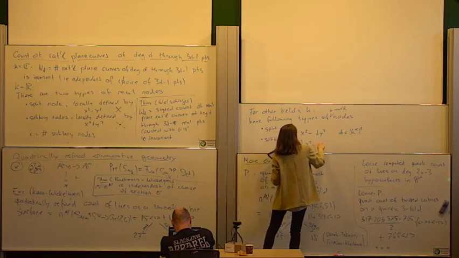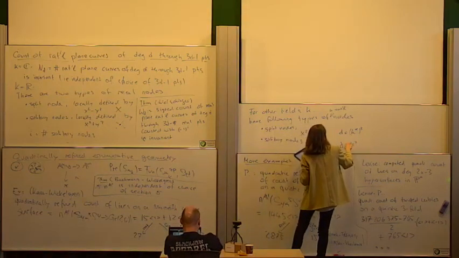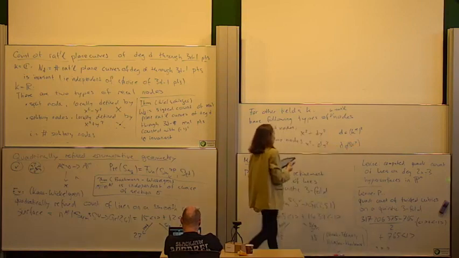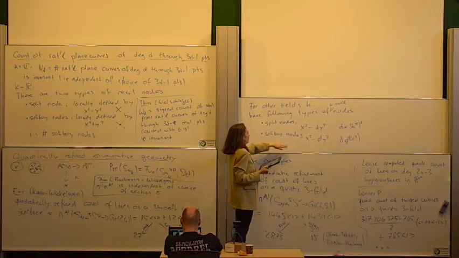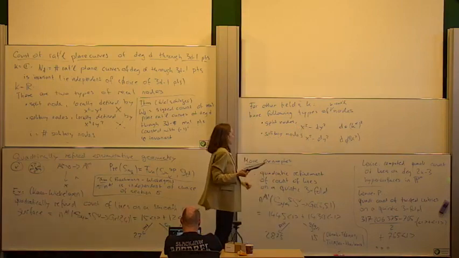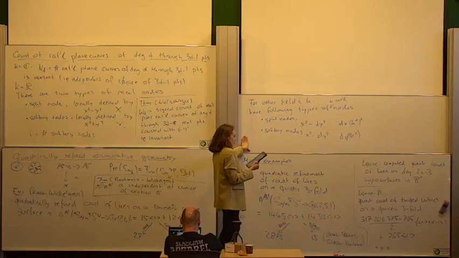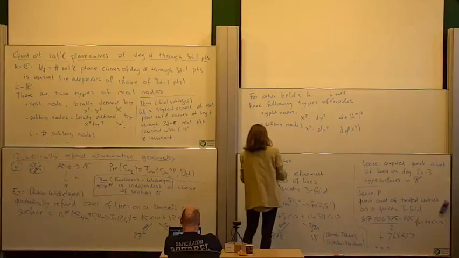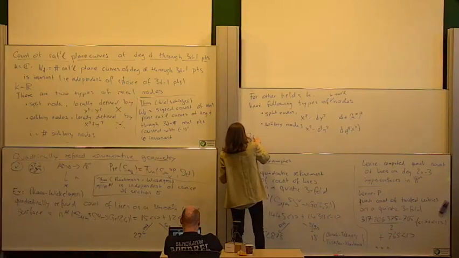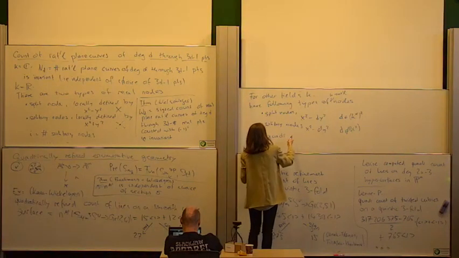given by the same equation, but now D is not a square. And here, I actually want to identify all of these nodes. But here, there are different types of solitary nodes, because I want to define my type of a node to be this D, but just put in brackets.